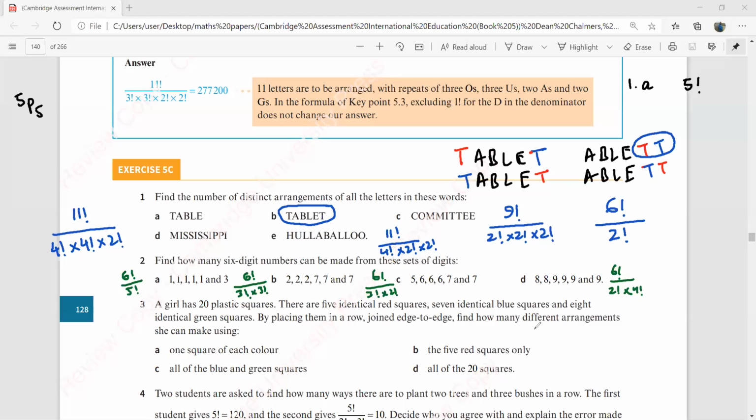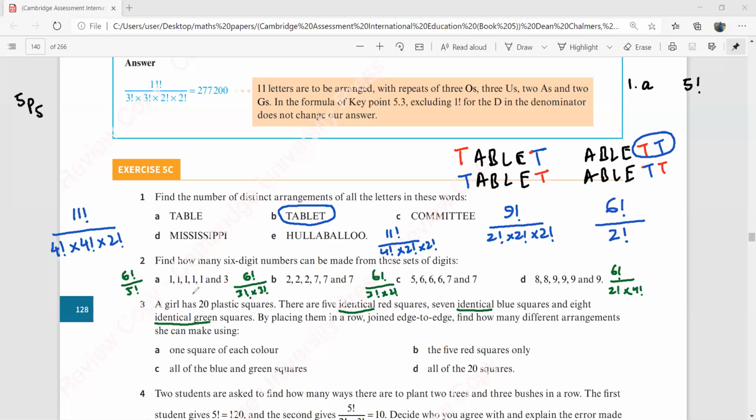Okay, after completing this second question, we are on to the third question. It says, a girl has 20 plastic squares. There are 5 identical, now focus on this word identical, red squares, 7 identical blue squares, and 8 identical green squares. Okay.